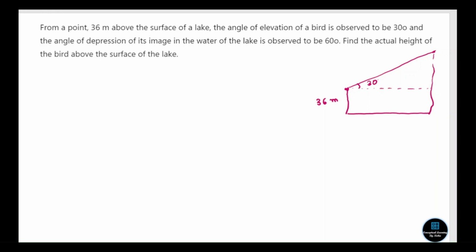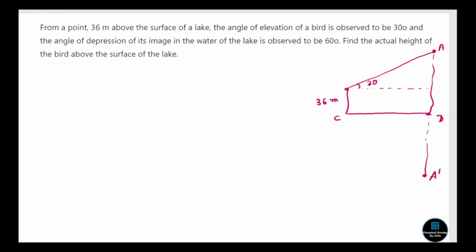Now we know that this is A, then the image is exactly at the same distance down. So this is A dash, the image of the bird. CD is the lake surface, so you have to take the image exactly below, at the distance AD equals A dash D. Remember that, that is very important here.